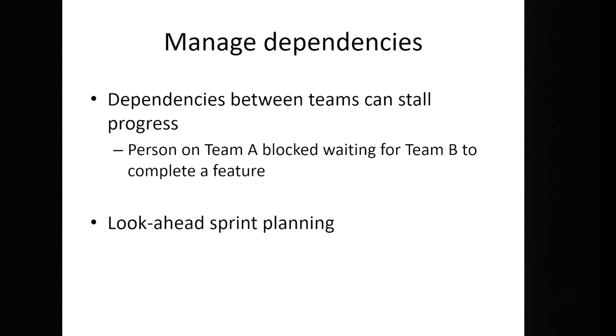So you might actually start to think a couple of sprints ahead about what sorts of things might happen. Not in any particular detail, but just the question of, if we don't do this work in this sprint, is that going to stop someone doing some other work in the next sprint, and that sort of thing.